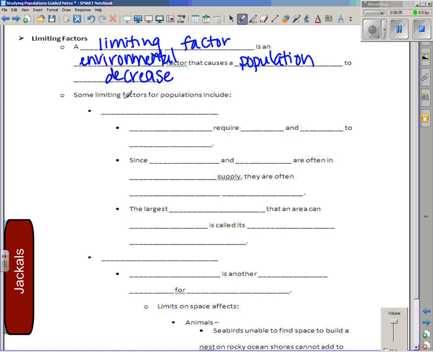Now, here are some limiting factors that populations have, like food and water. Okay, now organisms require food and water to survive.